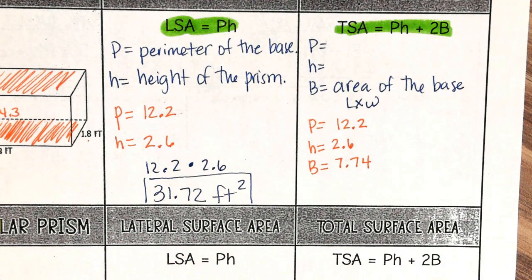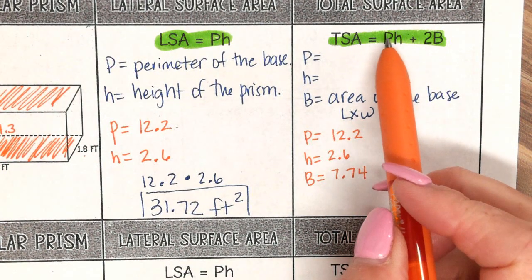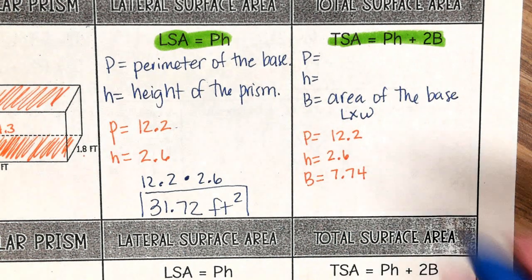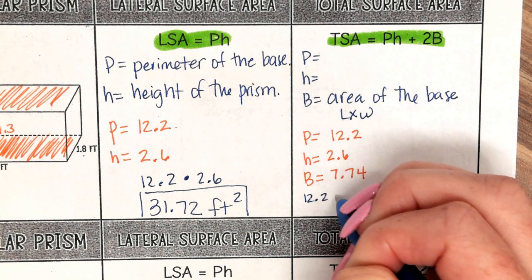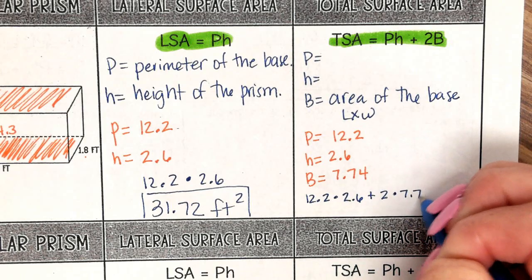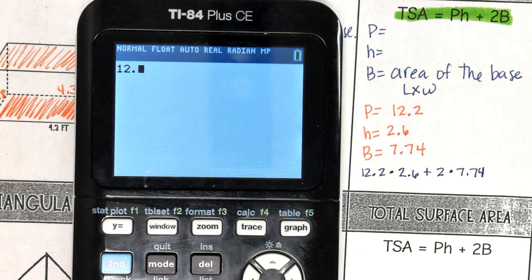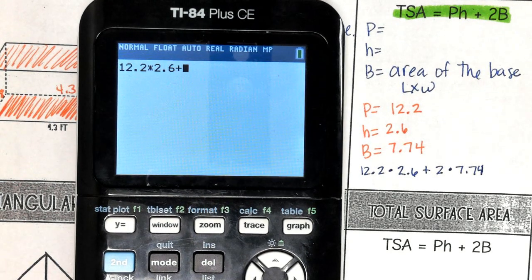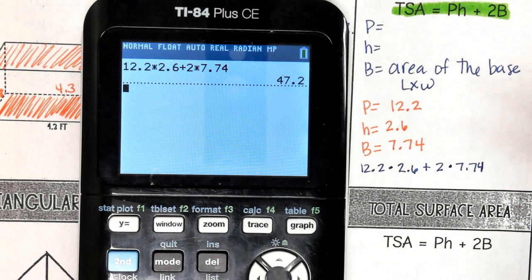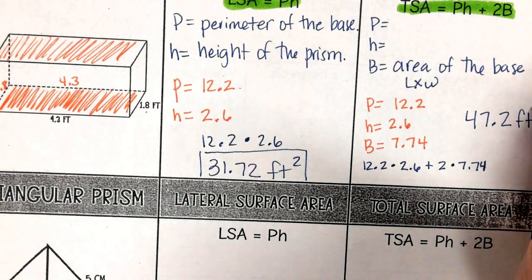Now do I have all the pieces to use this formula? What does this formula tell me to do? P times H plus 2 times B. So P times H plus 2 times B. My answer is 47.2 feet squared.